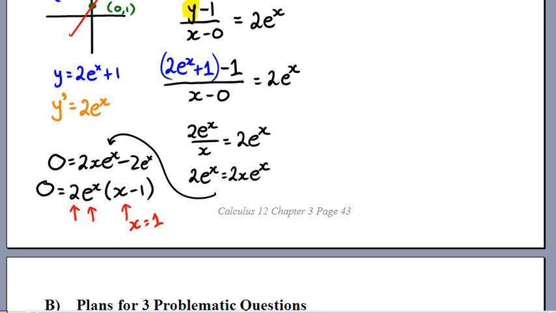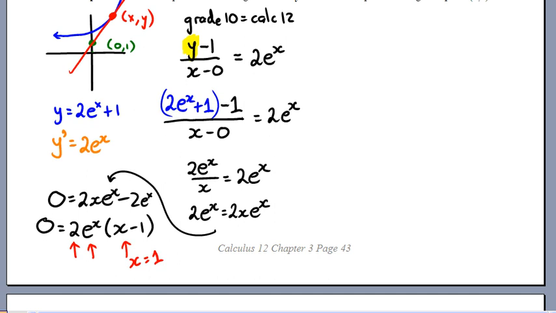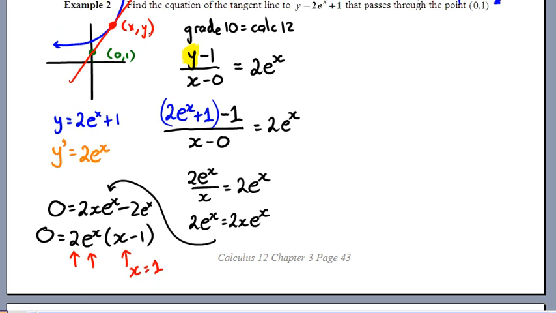So I've just learned that this red point that I was just calling (x, y), I actually know that the x value is 1. I have found, with a little help from the math, that x is equal to 1. Let's go and actually see what that full point is.